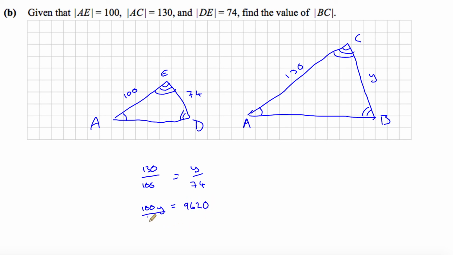And then I'm going to divide both sides by 100, because these cancel here, leaving me with y equal to 96.2. And y was the side BC that we were looking for, so that's my answer. BC is 96.2, and that's the end of question 7.